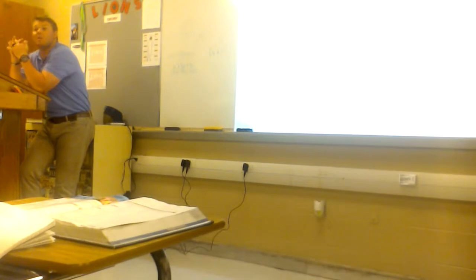What does it mean to have the same coefficient? It means they're the exact same. What does it mean to have an opposite coefficient? They have opposite signs. So if I've got an x and a negative x, those are opposite coefficients. Does that make sense?